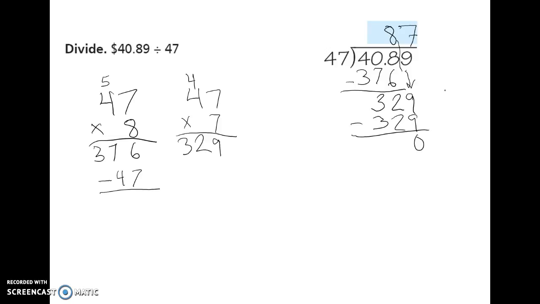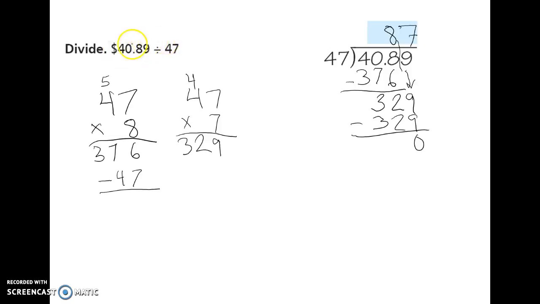So now I'm looking at this, and I'm thinking, does it make sense for my answer to be the whole number 87? Definitely not. Because 40 divided by 47, do I have enough for each person to even get $1 if I take $40.89 and share it between 47 people?